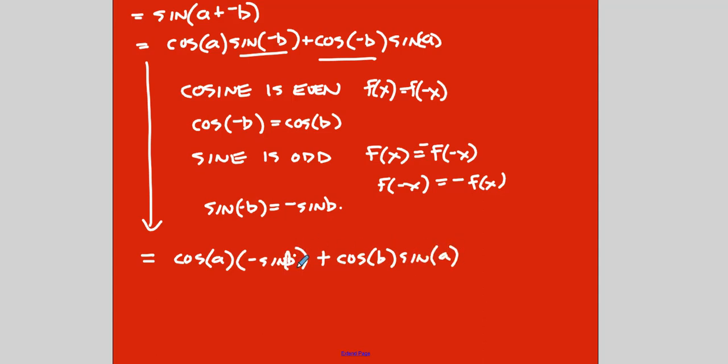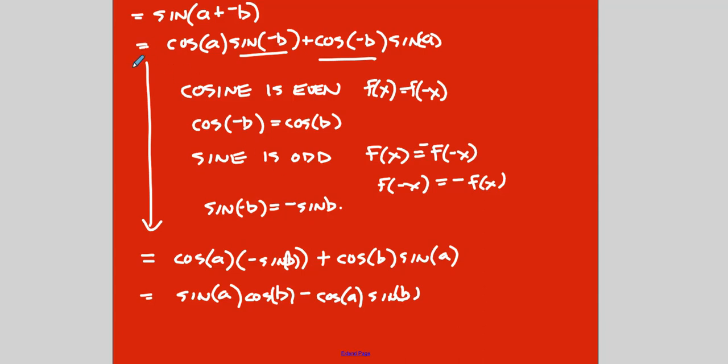Let's be consistent, put a parentheses there. So now I'm going to put this in front. I have the sine of a times cosine b minus the cosine of a times sine b.